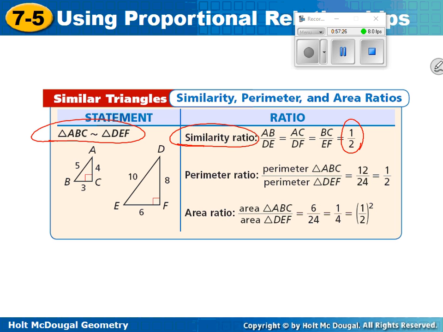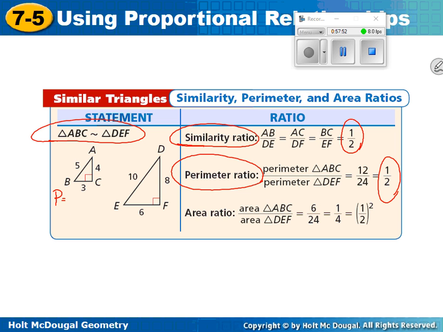Okay, so what's new in this section right here, Corbin, put your ruler down, is the perimeter ratio is also going to reduce to the exact same value as your similarity ratio. It's also going to be 1/2. Let's check it. To find the perimeter of this triangle, what do we do? Add all the sides. So what's the perimeter of this triangle?